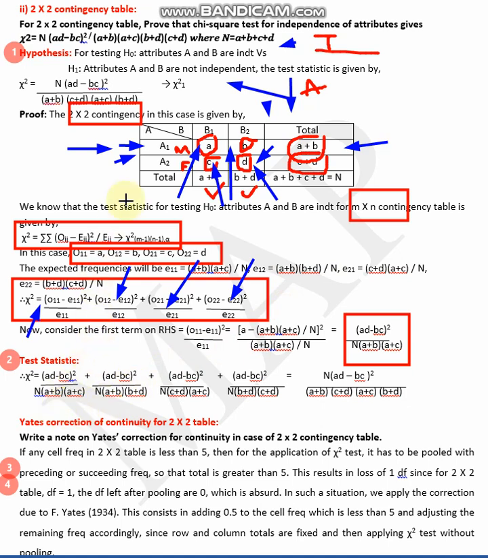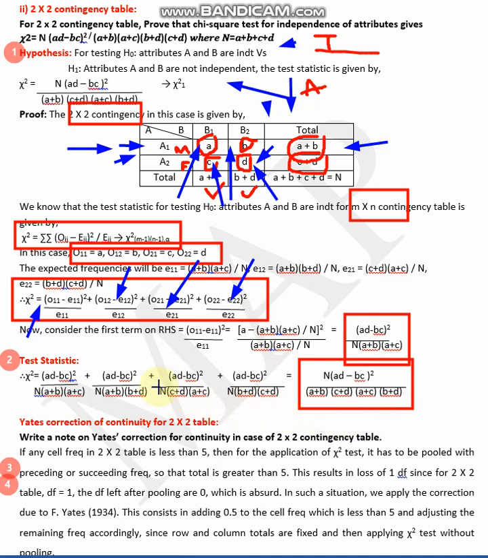For A, we are taking A plus B and A plus C. For B, we are taking A plus B and B plus D. For C, we are taking C plus D and A plus B. And for the last value D, we are taking C plus D and B plus D. Finally, we are getting the value as N into (AD minus BC) square divided by (A plus B), (C plus D), (A plus C) into (B plus D).